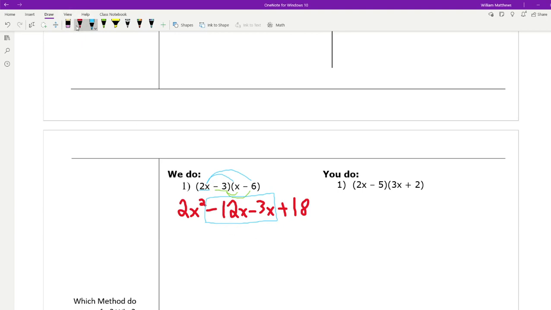This is not always the case, but most of the time, this is the way it works out. So, the ends, there's nothing to combine them with, so we can just rewrite. We can combine the negative 12x and the negative 3x to get a negative 15x. And then our other end with a positive 18. Nothing to combine with it, so we can just write it down.